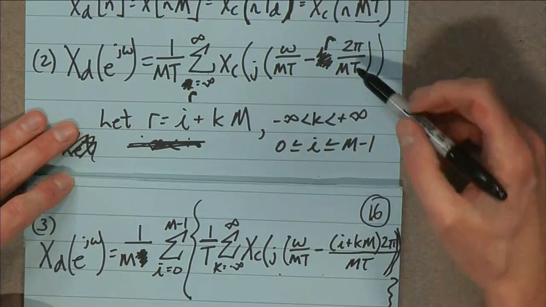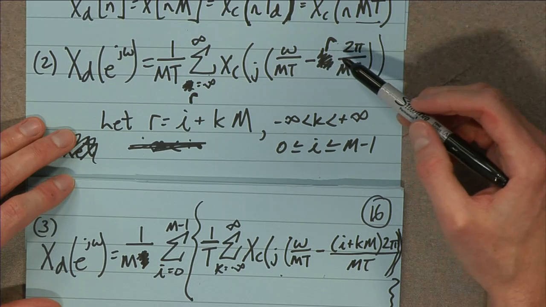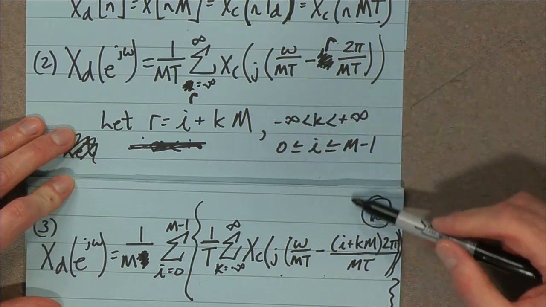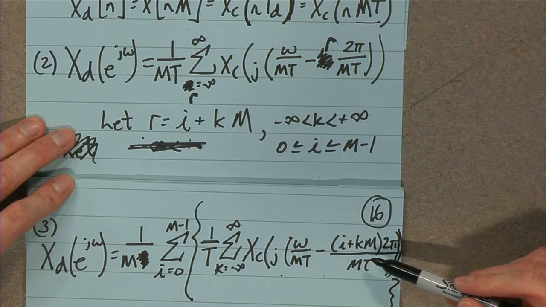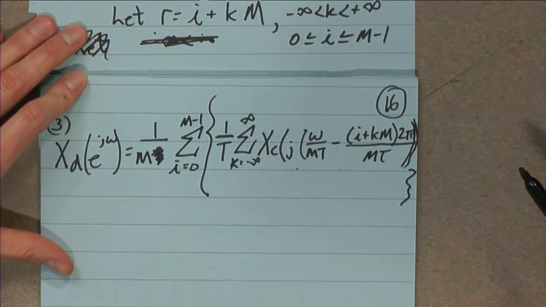But really, this is just a repeat of everything we have here, except now r is i plus kM. We just substituted it in and moved on.